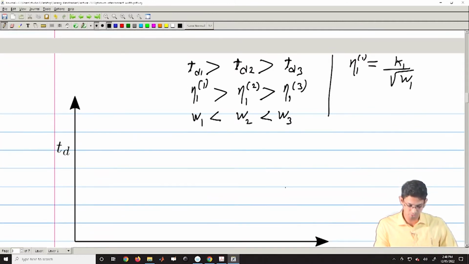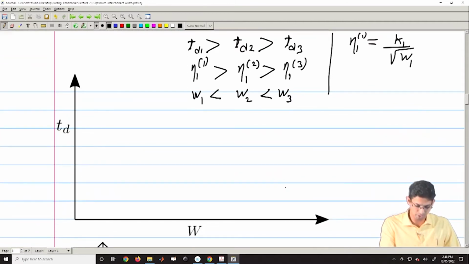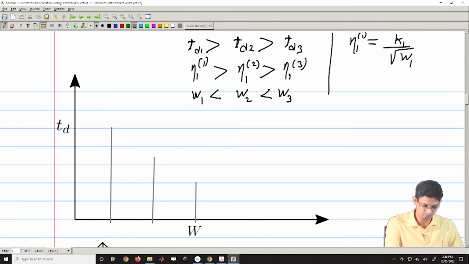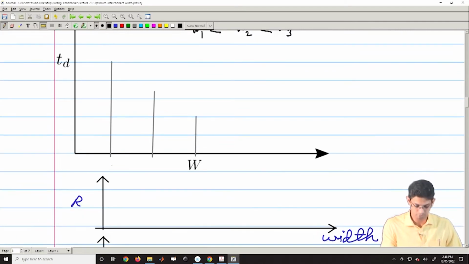So, now if I want to plot it, I would be getting something like this. So, this is W1, W2 and this is W3.